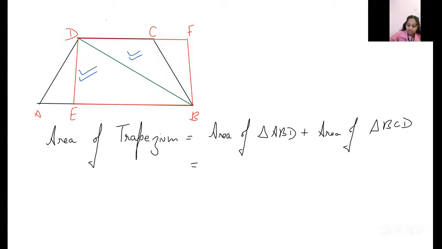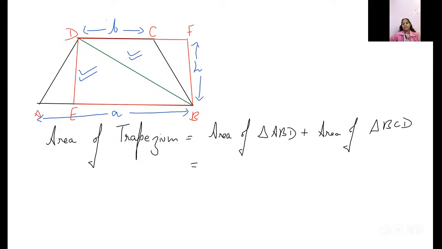Suppose this whole thing is A, from here to here. Then this is H, BF, the height, and this is B, from here to here.